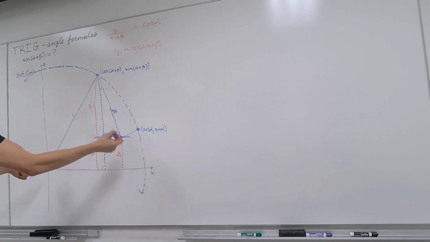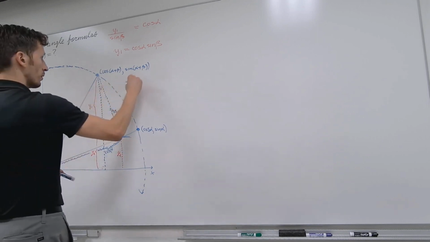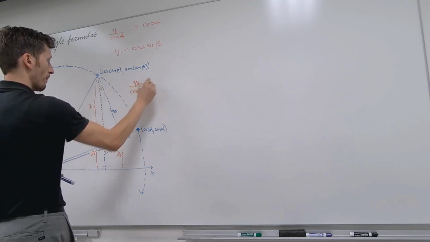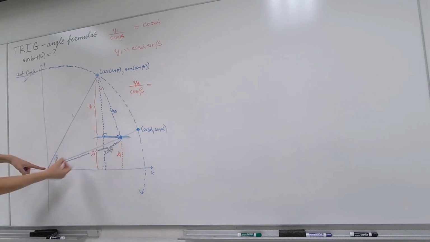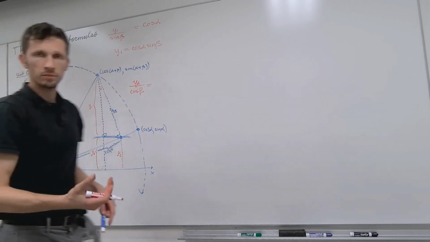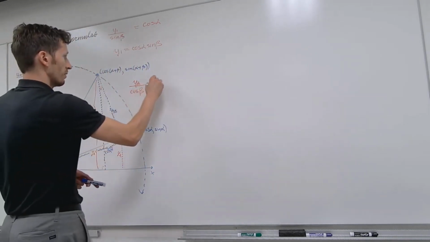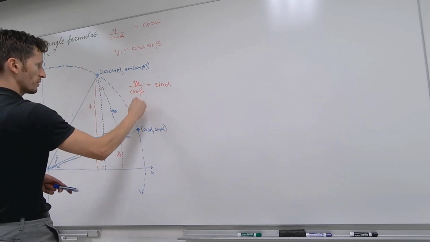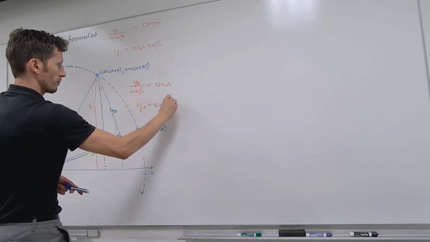What is y2 divided by cosine beta? Opposite over hypotenuse, the angle is alpha, sine alpha. There we have it. We solve by multiplying both sides by cosine beta. y2 is equal to sine alpha cosine beta.